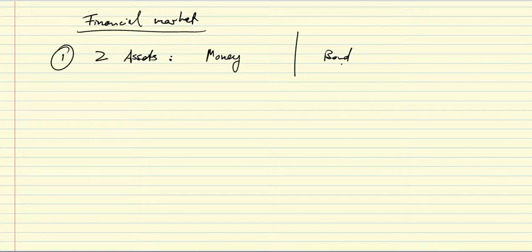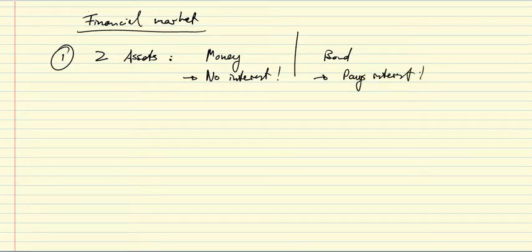Now, if we want to briefly characterize them to get at the difference between the two, the key difference here is that money does not pay interest, whereas the bond pays interest. The bond pays an interest rate. Now, why is that?